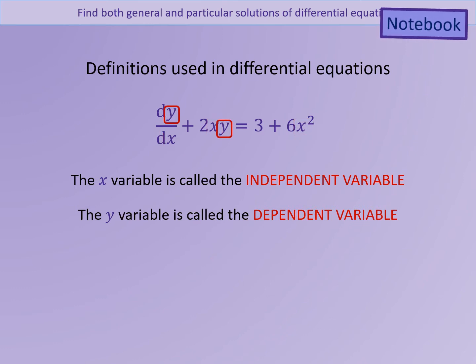So you have the independent variable which appears on the bottom and the dependent variable that appears on top. Now in most cases you will only deal with ones that have just a single independent variable and a single dependent variable. You can also get ones that have two dependent variables, and we'll be looking at those later on. So just get down what you need in your notebooks.